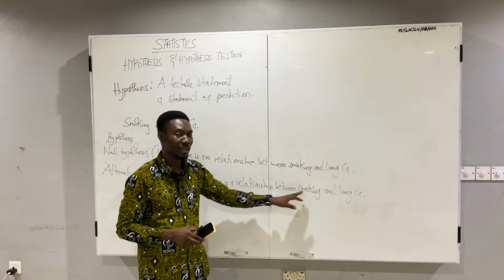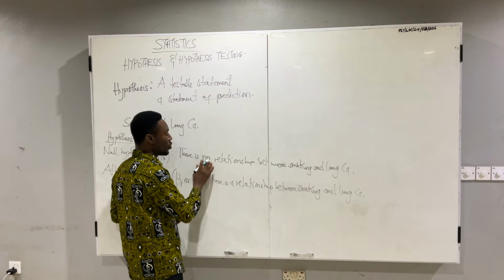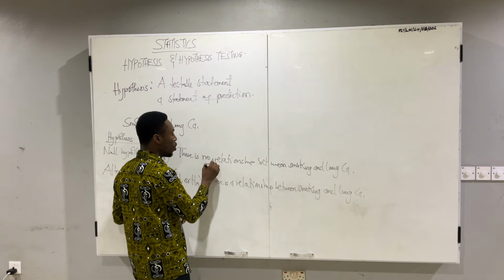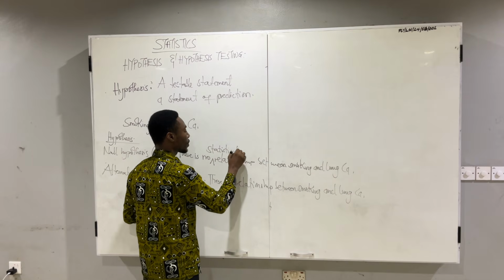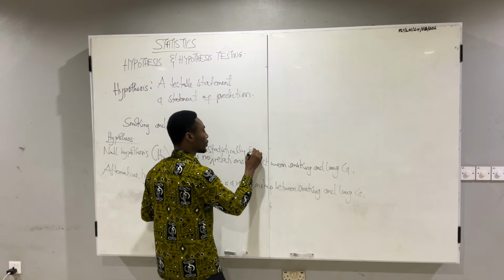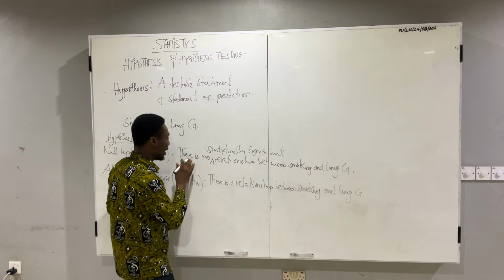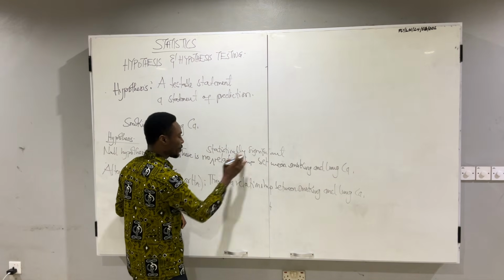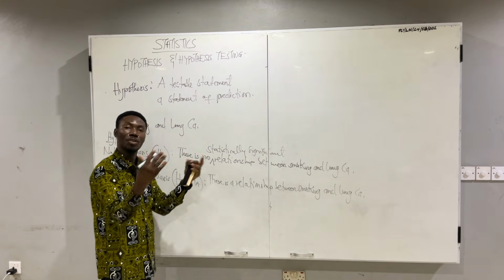They're saying there is a relationship. Now, in some literatures, instead of there is no relationship, they'll say there is no statistically significant relationship between smoking and lung cancer. It's the same thing. You can use it.